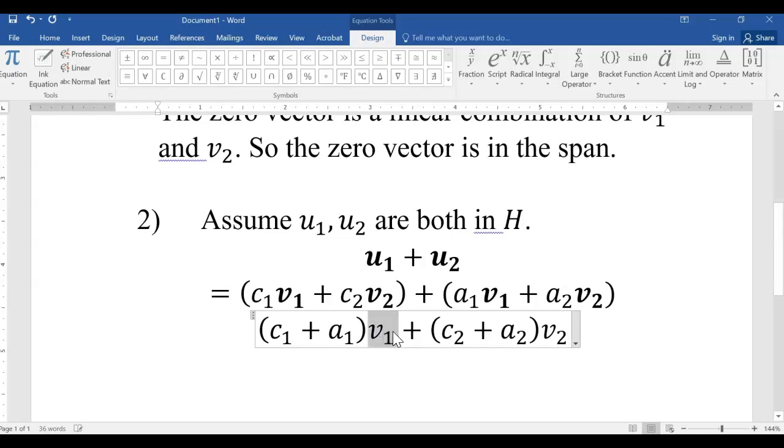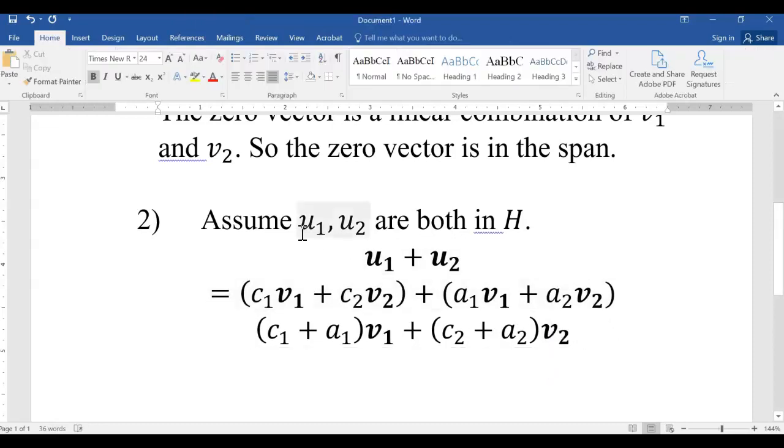So this is saying that if u1 and u2 are linear combinations, then the sum can also be written as a linear combination, all right?